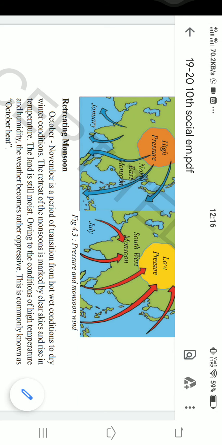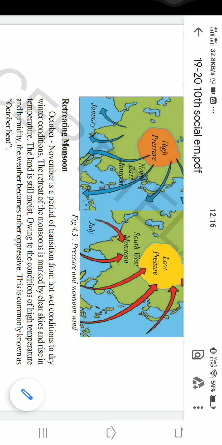So we call them southwest monsoons. These southwest monsoons pick up moisture from the Indian Ocean and bring heavy rainfall. After the summer begins we see southwest monsoons. That means the beginning monsoons start as southwest monsoons, so we call them advancing monsoons.